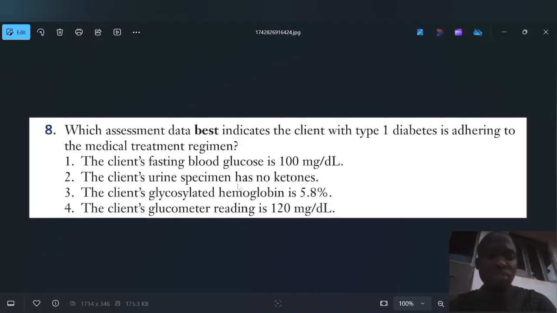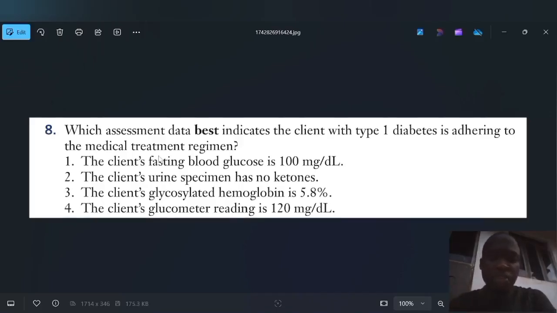Alright, this one was straightforward. So the answer was number 3, the client's glycosylated hemoglobin. Whenever you see glycosylated hemoglobin, this is the best test to measure the client's compliance to the diabetic medical treatment regimen.